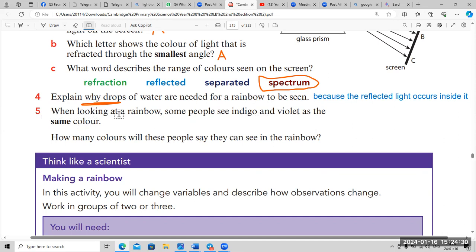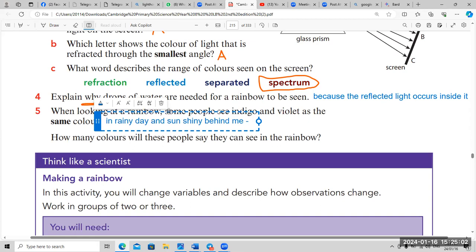When looking at a rainbow on a rainy day, with the sun shining behind me. Okay, this is part one of this question.